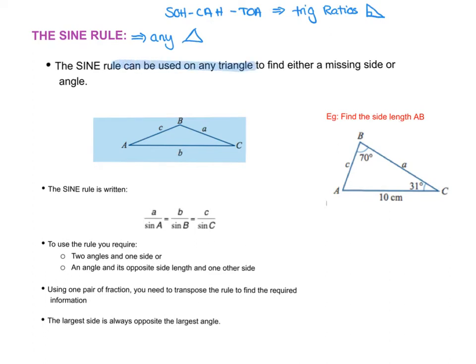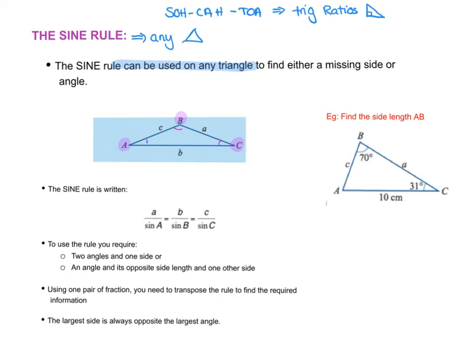Now to use this rule, we need to learn how to label the triangle. First of all, we label the angles in the triangle, which there'll be 3, with the capital letters A, B, and C. So they're referring to the angles inside the triangle.